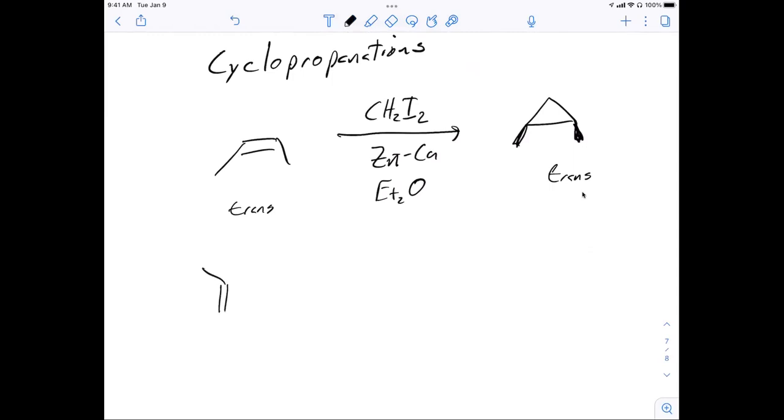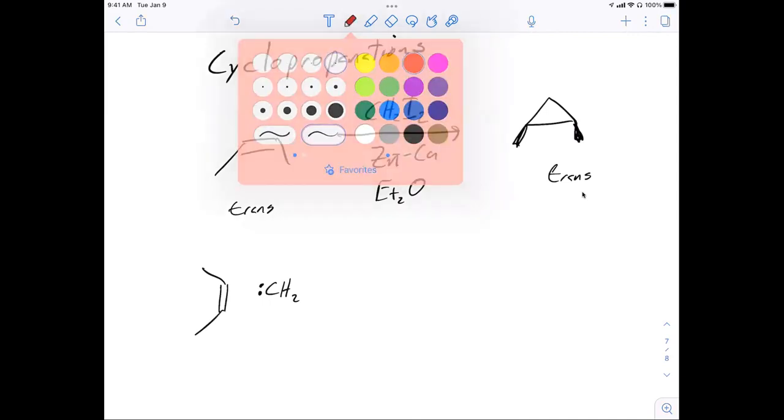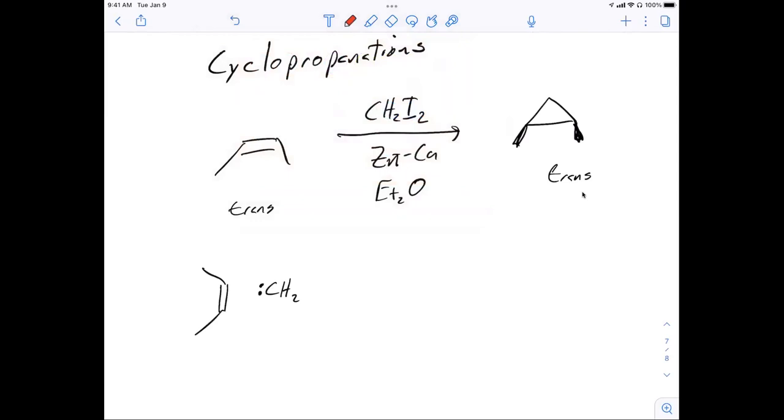This can be thought of as a carbene type process. With the organo-zinc, the Simmons-Smith, this is the way they used to always show it. Now there's a little bit of consideration, but the carbene, that's what this compound is, a carbene, does explain the stereospecificity of retaining your stereochemistry.